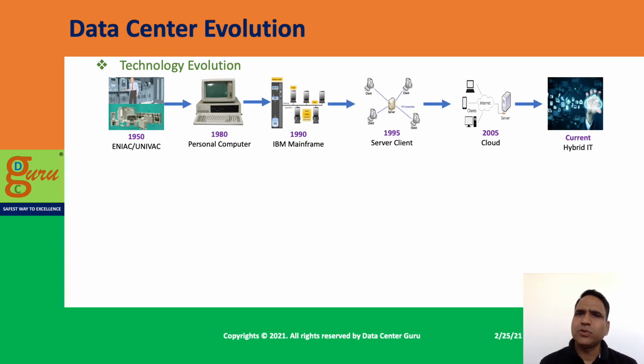Then in 2005, we heard about cloud. Because after the mid 90s and before 2005, a lot of organizations went into business process automation. They started using technology to drive efficiency in normal business processes.